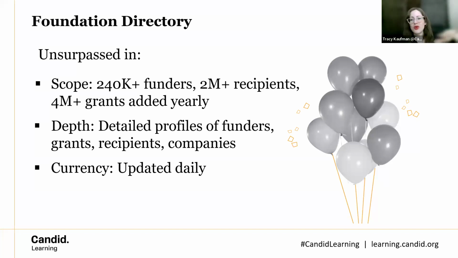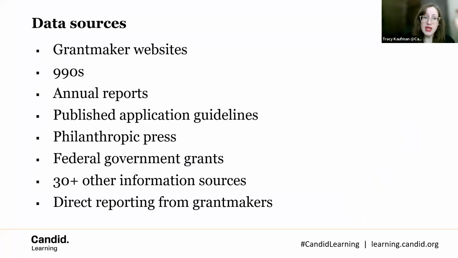We can talk about that more at length later if anyone has questions about donor advised funds. But the point is, we have a ton of information in this thing, but it's made to be easy to use, regardless of whether you are a trained researcher who uses databases all the time, or whether you're just a mere mortal.